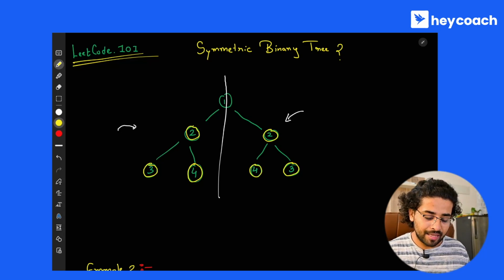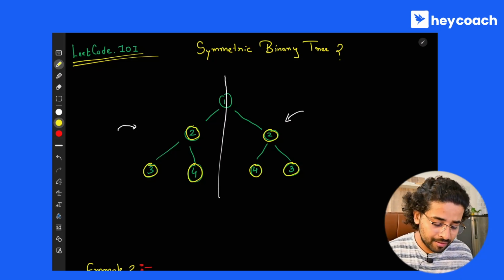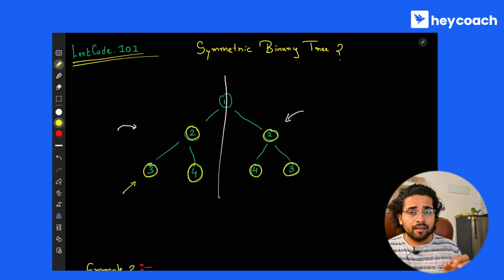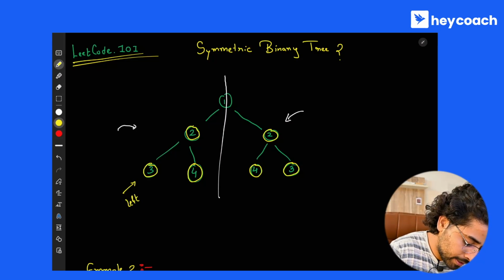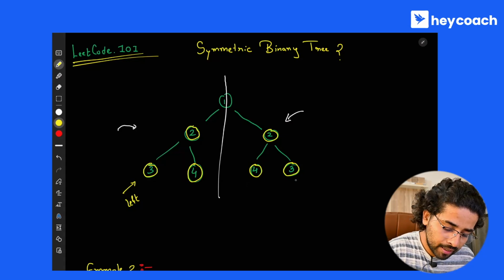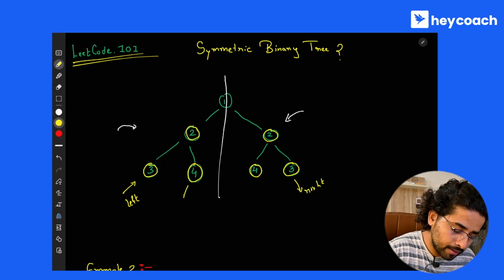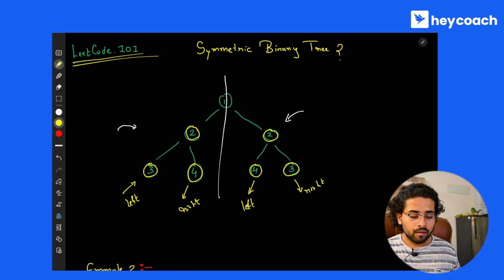As you can see, if any node is at the left end, that node can come at the right end, and the node at the right side can come at the left end.